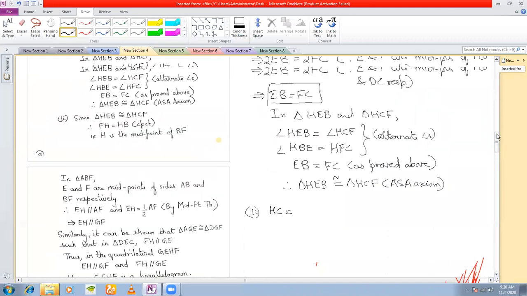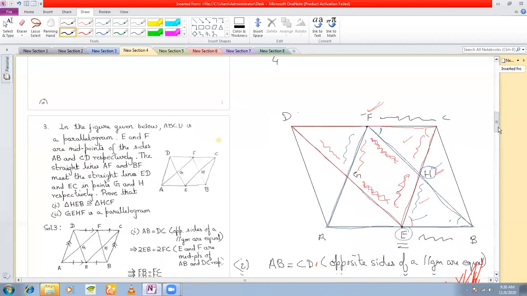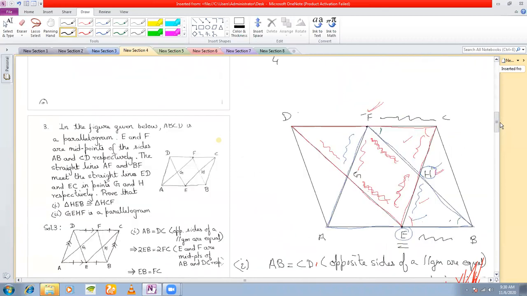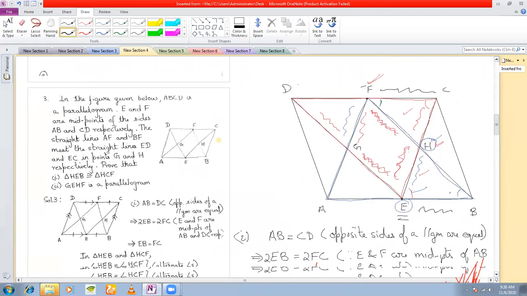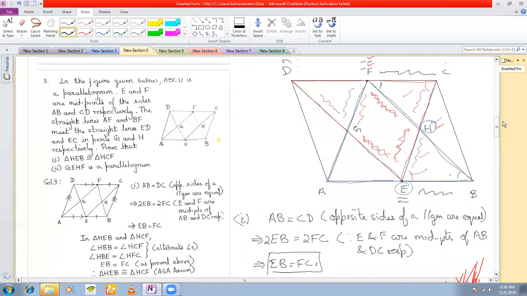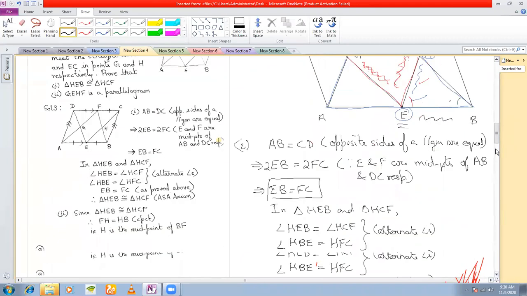So HC is equal to HE. This is by CPCT. That is, H is the midpoint of EC. Now we consider the red triangle.